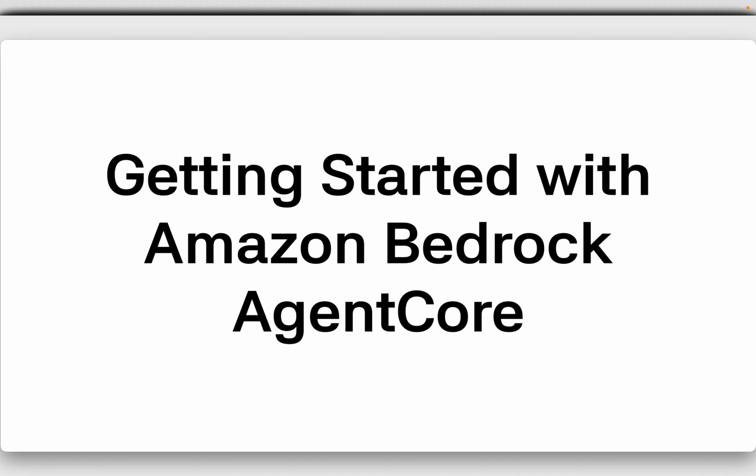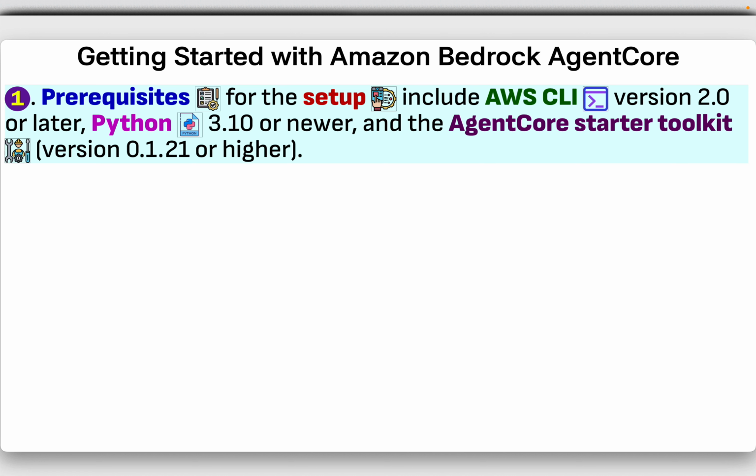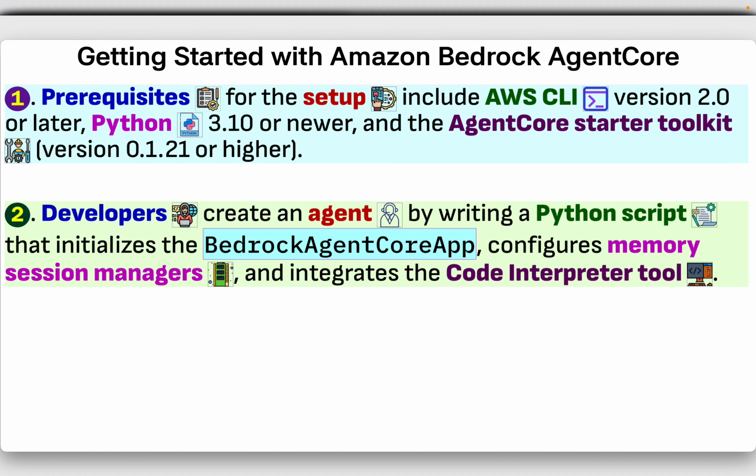So, getting started with Amazon Bedrock AgentCore. The first step will be some prerequisites for setup, including AWS CLI or later, Python 3.10 or newer, and AgentCore starter toolkit. Developers can create an agent by writing a Python script that utilizes the Bedrock AgentCore app, and that configures memory session managers, and it integrates with the code interpreter tool.